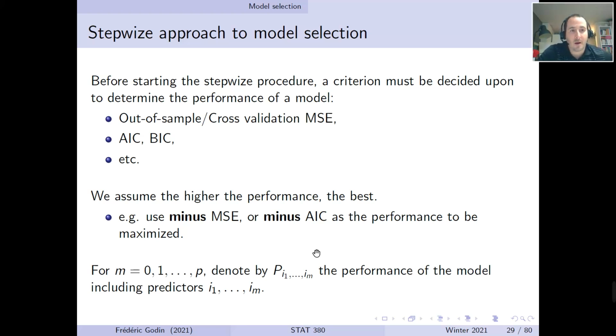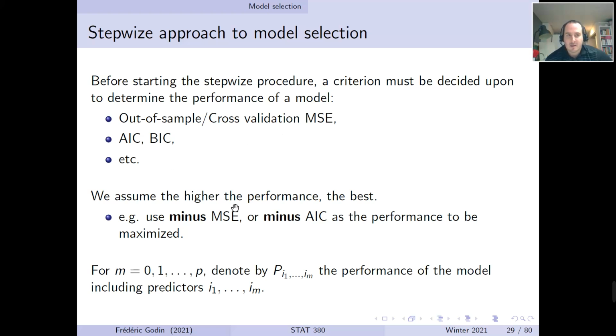So just a bit of notation before formally describing the algorithm. For m equals 0, 1 until p, we will denote P(i1,...,im) the performance of the model including predictors i1 until im. Okay, so P(i1,...,im) is your criterion.